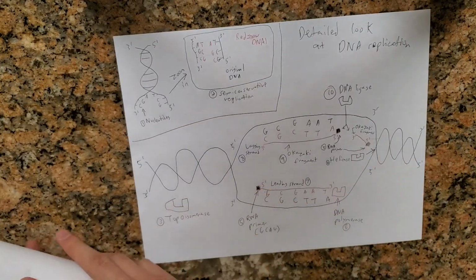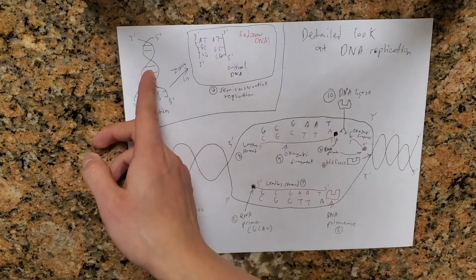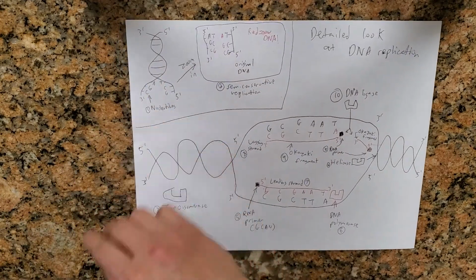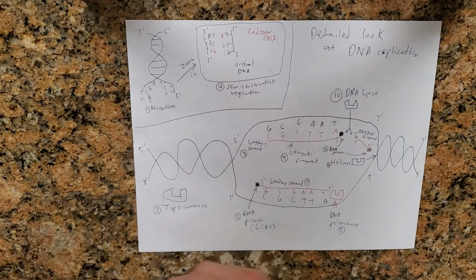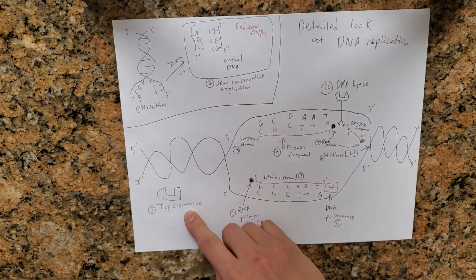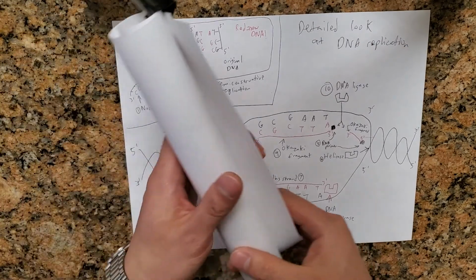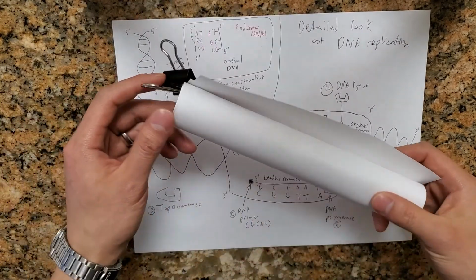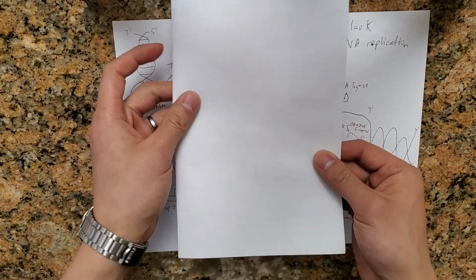So why is that important? Well, first, in order to copy the DNA, as you saw from over here, the DNA actually has to be opened up. And so how does the DNA open up? You have topoisomerase, which is an enzyme to unwind the DNA. If you think about it, DNA is like coiled up, and so topoisomerase will uncoil the DNA.